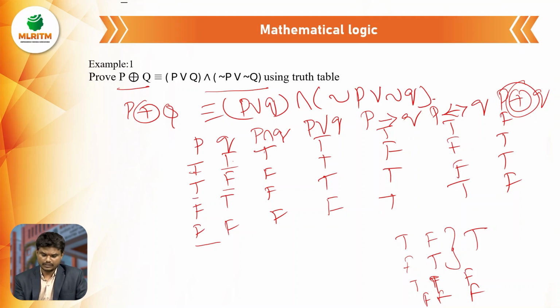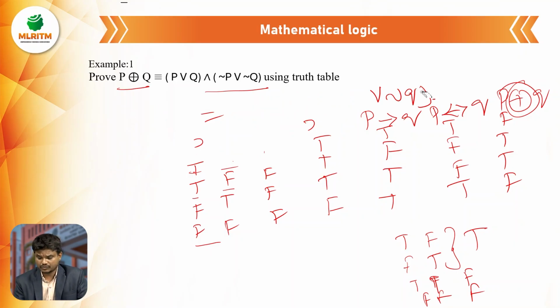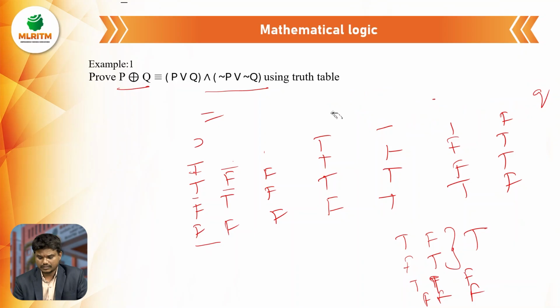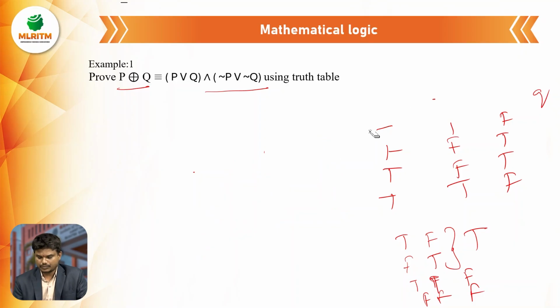So here given P exclusive or Q equivalence P or Q and negation P or negation Q. So draw the truth table for the given logical equation, both LHS and RHS. Then we prove the RHS equals to LHS.